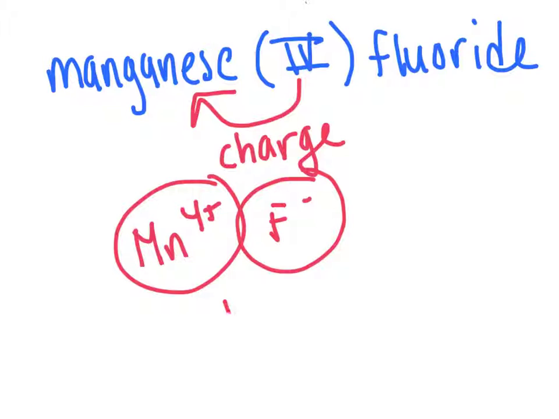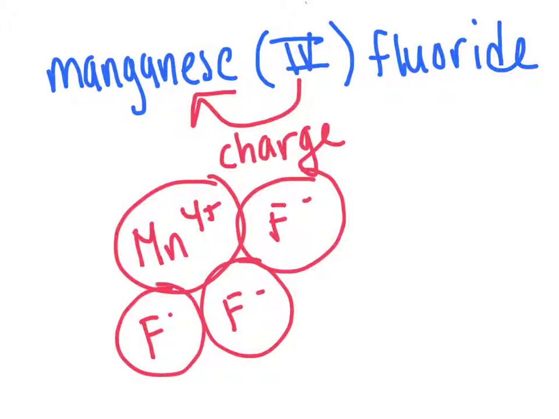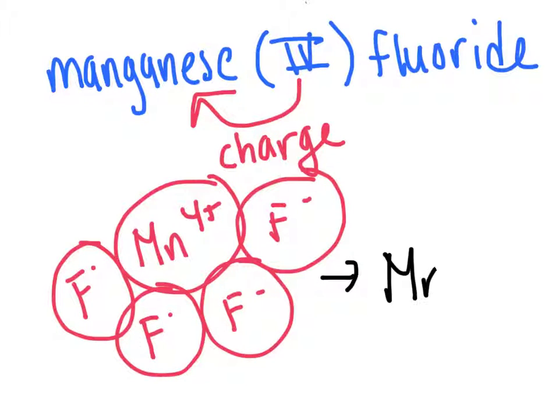So I need 4 total fluorines, all contributing 1-, because that creates 1, 2, 3, 4- and 4+. Go ahead and turn that into a chemical formula. 1 manganese, because I always write the positive ion first, and then 4 fluorine atoms.